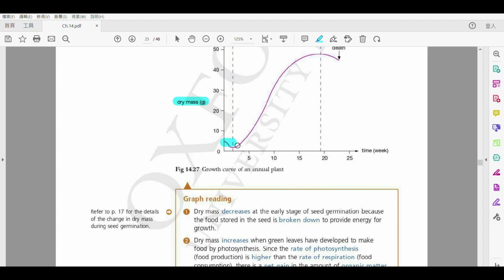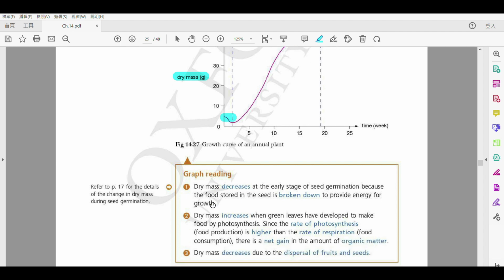Starting from a seed, why does the dry mass decrease? Because during seed germination, the dry mass decreases. This is the description. Reason, explain to me: because the food stored is used up, or you can tell me it's broken down to provide energy for growth, for seed germination.